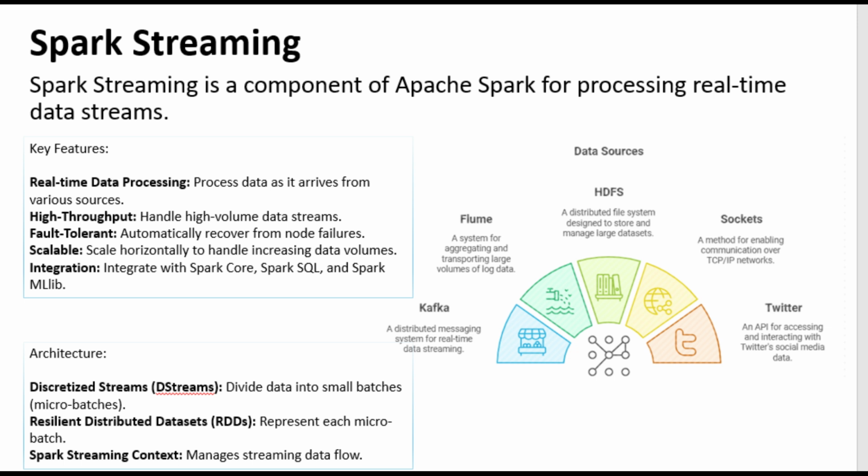The Spark Streaming context manages data flow. Key features include real-time data processing, high throughput, fault-tolerant, scalable, integration with Spark Core, Spark SQL, and Spark MLlib. Spark Streaming supports various data sources: Kafka, Flume, HDFS, sockets, Twitter, Akka.